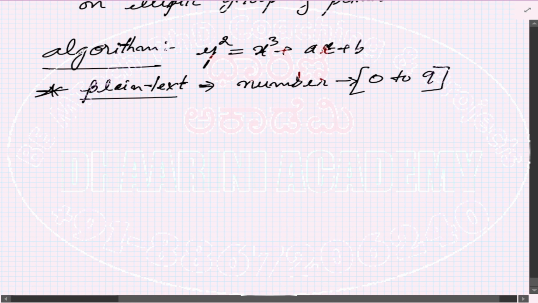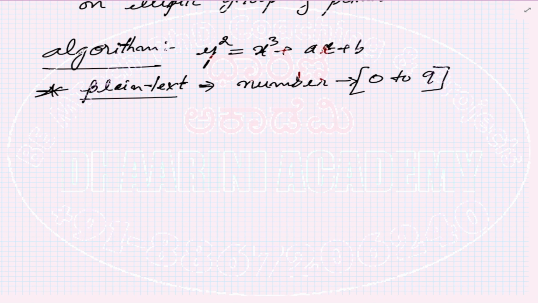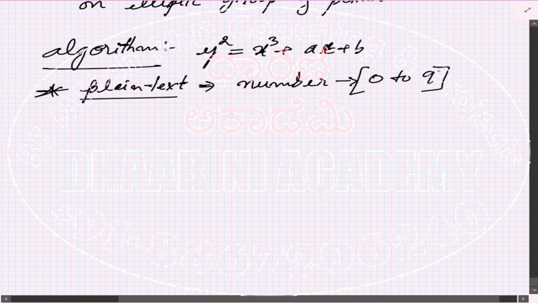So in my original text, if there is a number 0, it will be represented as 0 only, but later on it will be converted into two coordinates. So 0 to 9 will be kept as it is, as plain text initially, but later on this has to be converted into different points on the elliptic group.